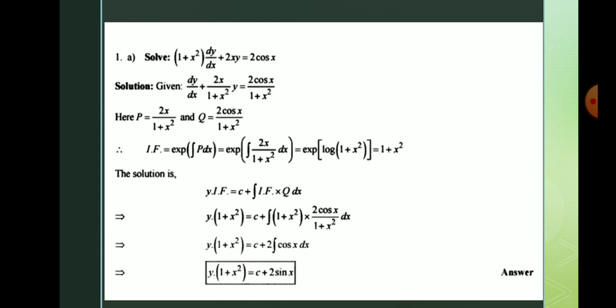We already discussed that the integrating factor, which is usually denoted by IF, of the differential equation dy/dx + Py = Q is e^(∫P dx). So remember, by integrating factor we mean a factor on multiplying by which the left hand side of the differential equation becomes the derivative of some function of x and y.